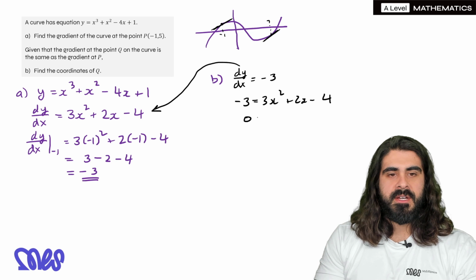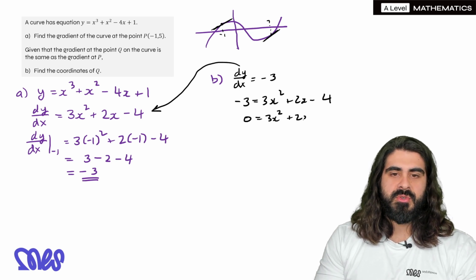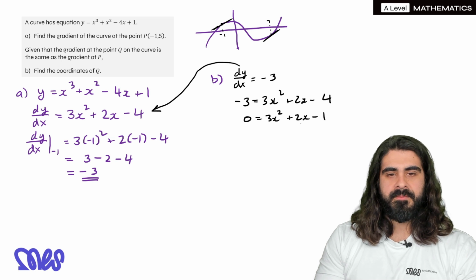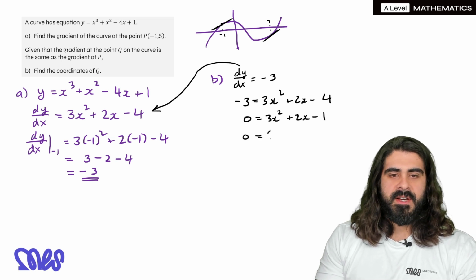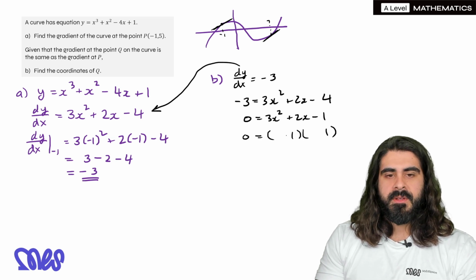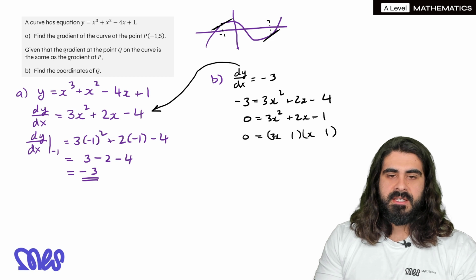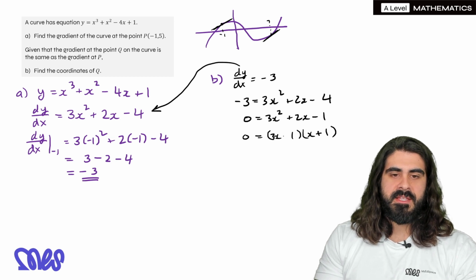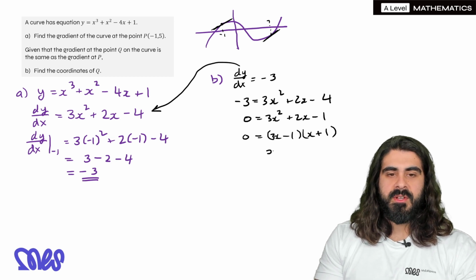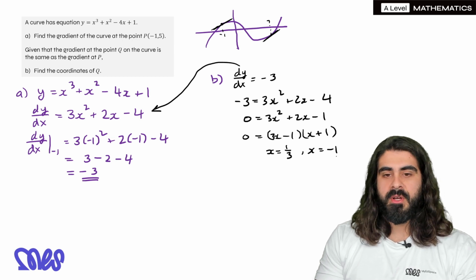Add the 3 over, so we get 3x squared plus 2x minus 1. And now we just need to factorize. We have to have 3x and x, and what's going to make a plus 2 is if we have this being plus and this being minus. So we have one solution, 1/3, and the other solution, minus 1.